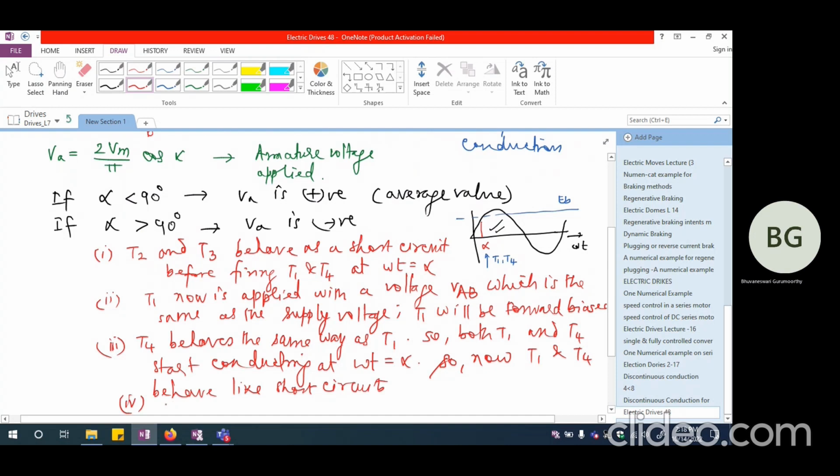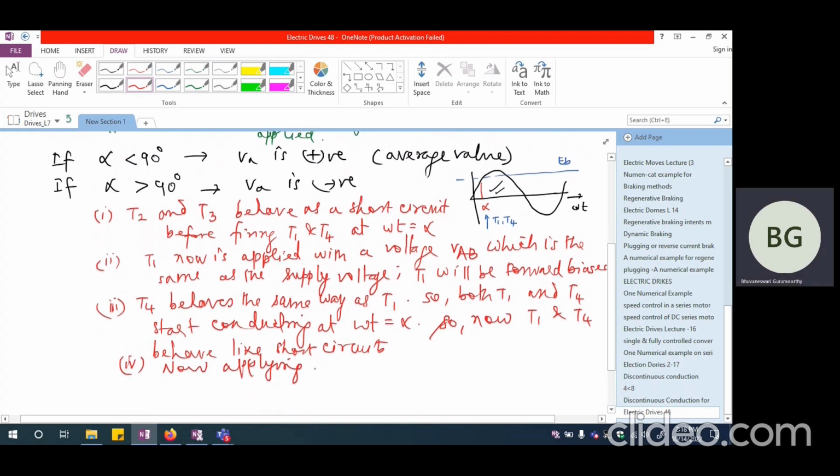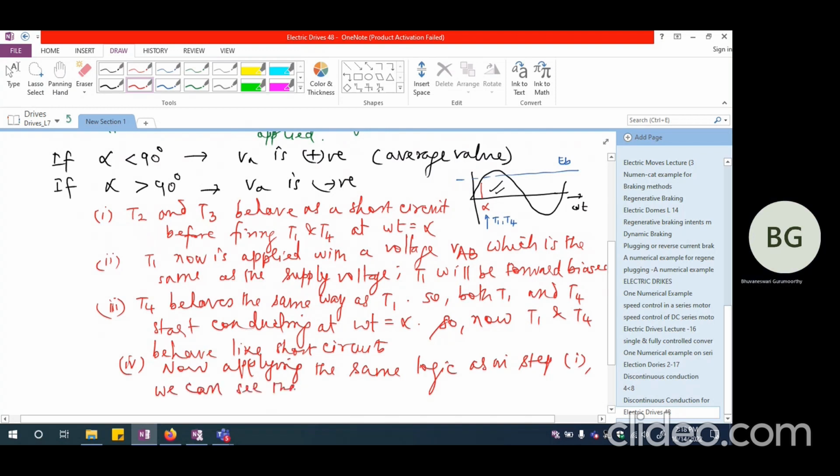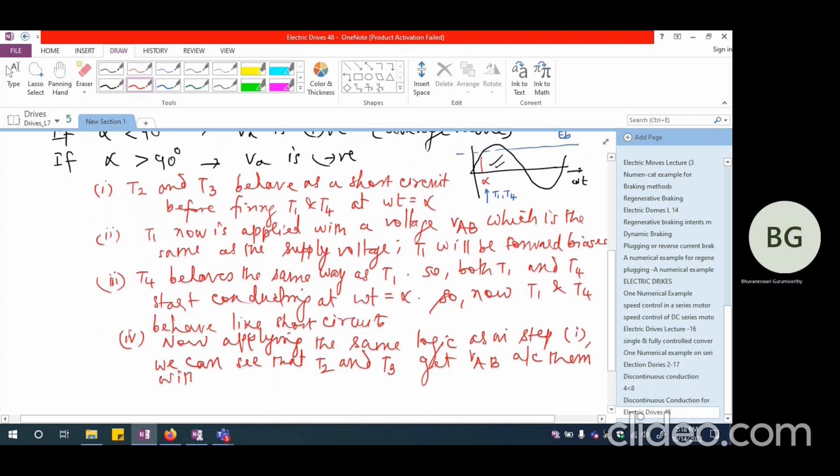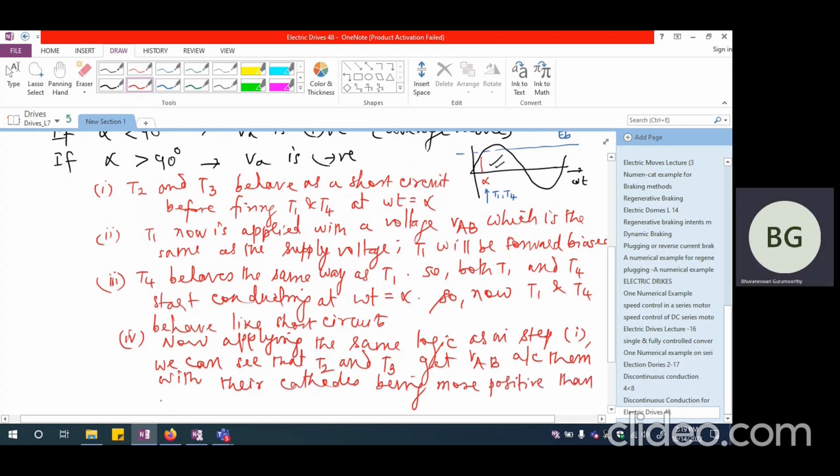Now, applying the same logic as in step 1, we can see that T2 and T3 get VAB across them with their cathodes being more positive than the anodes.